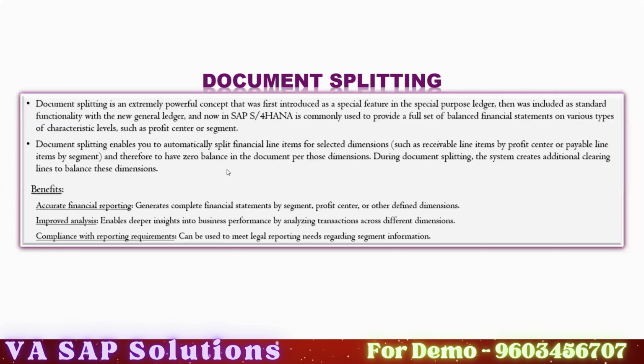So what exactly are we going to discuss? Okay, we'll see while doing the configuration. First of all we'll discuss what it is, then we will do the configuration. Benefits: accurate financial reporting, which generates complete financial statements by segment or profit center or other defined dimensions.